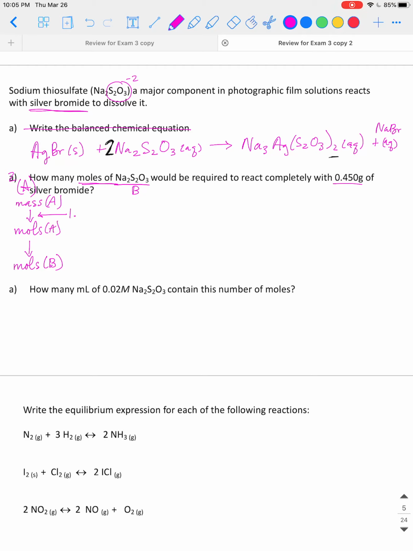So we're just going to follow this diagram. Step number 1, we use molar mass. Step number 2, we use a mole ratio. So we're going to start out with the number given, which is 0.450 grams of silver bromide. We need the molar mass of silver bromide, so we'll look that up.